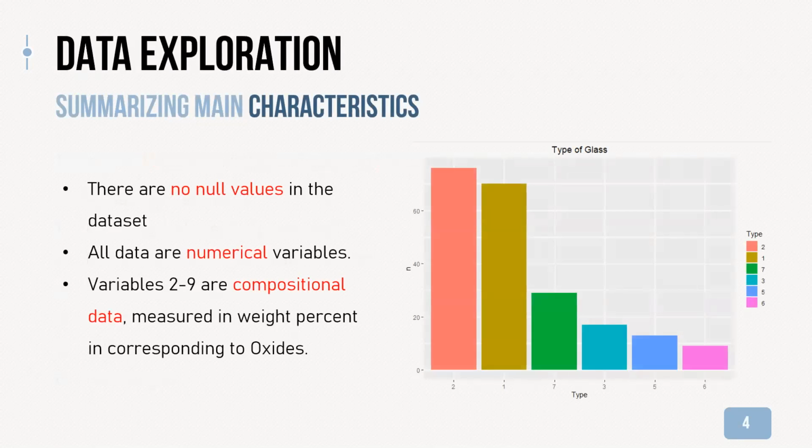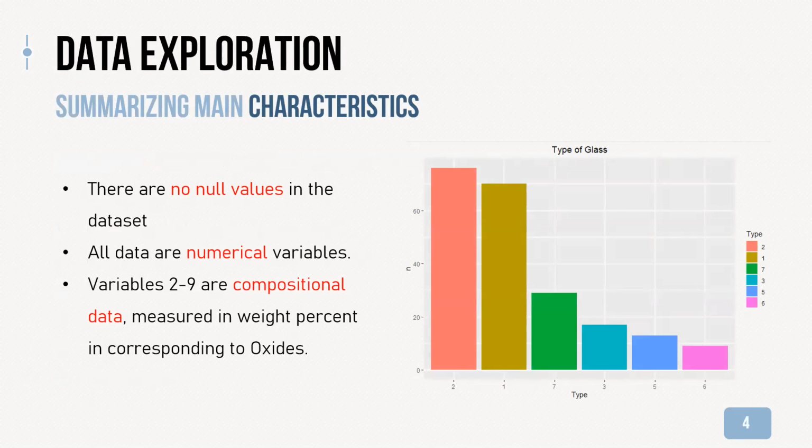Before we proceed to the data analysis, we would like to explore the data by summarizing the main characteristics. There are no null values in the data set, and all data are numerical variables. The variables are compositional data measured with weight % in corresponding dioxides.